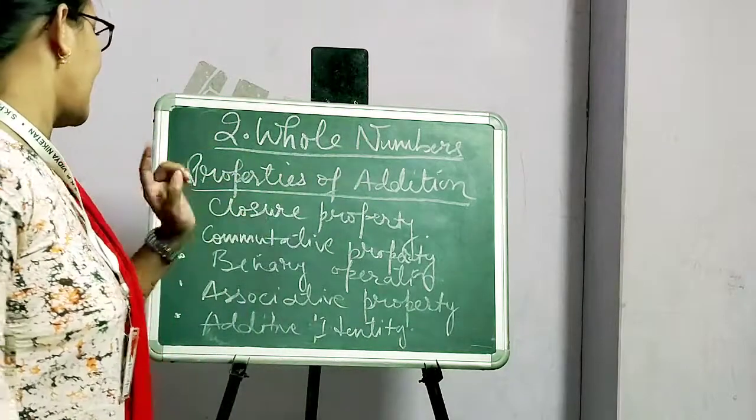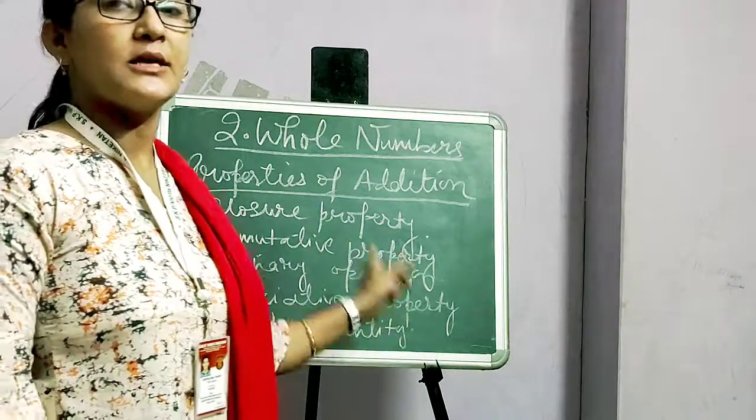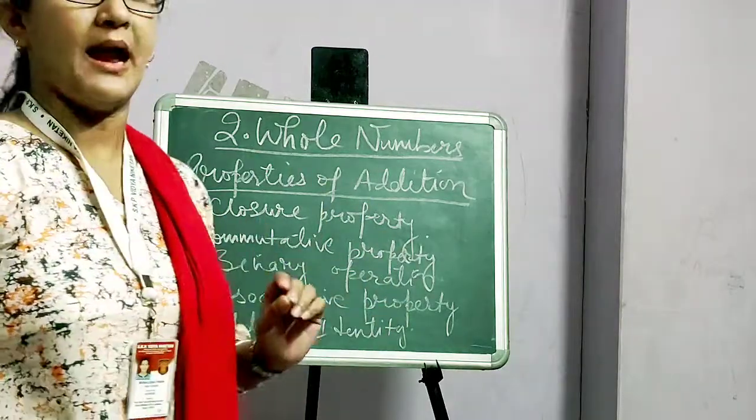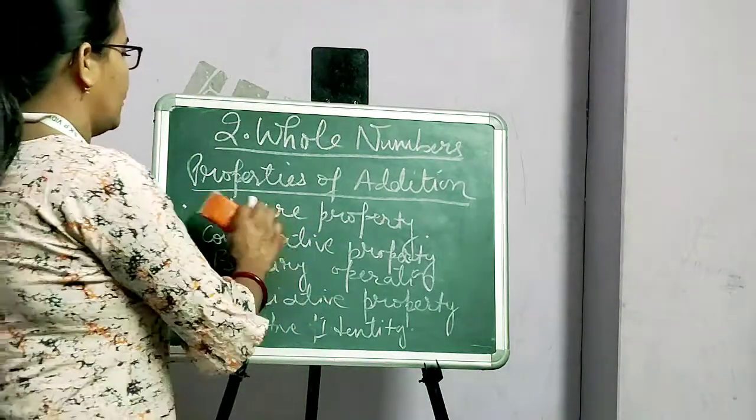Now see the properties of addition: closure property, commutative property, binary operation, associative property, and additive identity. We will see these one by one with examples of how they work.